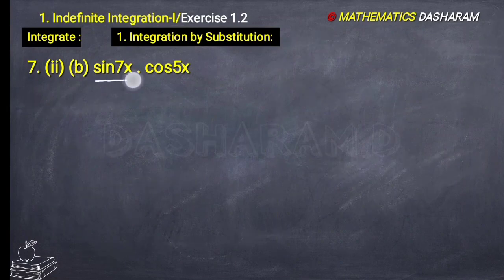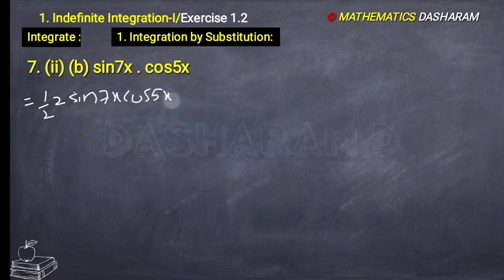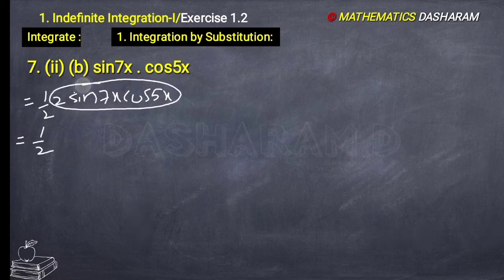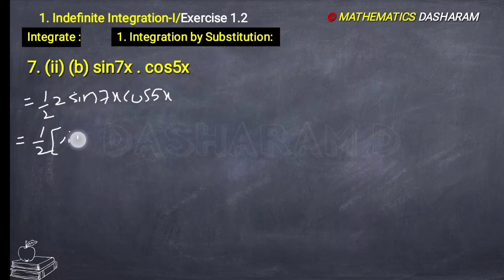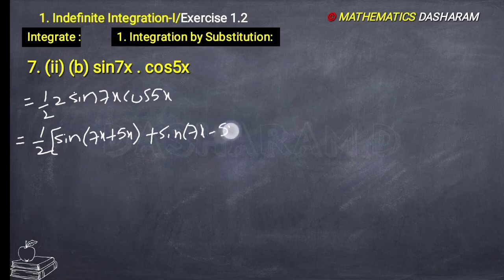Question number B, sin 7x into cos 5x. So multiply and divide by 2 for the given question. Sin 7x into cos 5x is equal to 1/2 into 2 sin A cos B. The formula is sin(A+B) plus sin(A−B). So sin(7x+5x) plus sin(7x−5x).